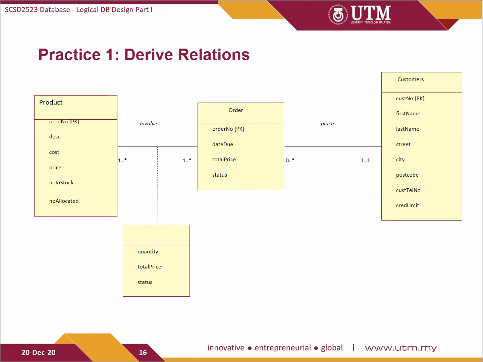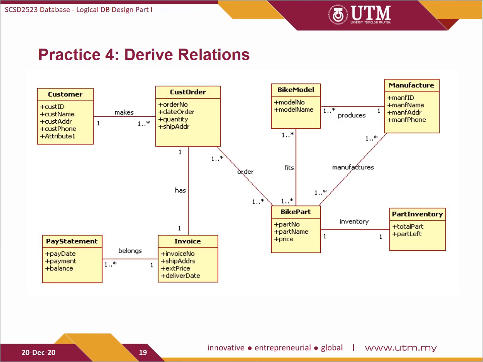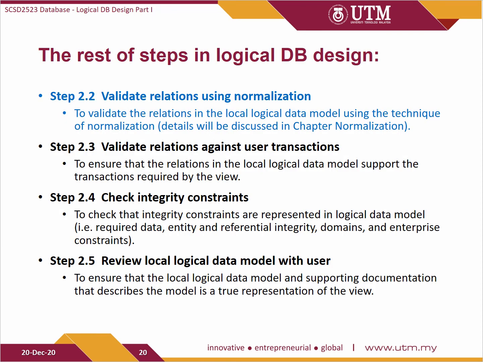Now you can try this practice. You have practice 1, practice 2, practice 3, practice 4. For the rest of the steps in logical database design, you have step 2.2, where you validate the relations using normalization, which will be discussed in more detail in the normalization chapter. And then step 2.3, validate relations against user transactions.